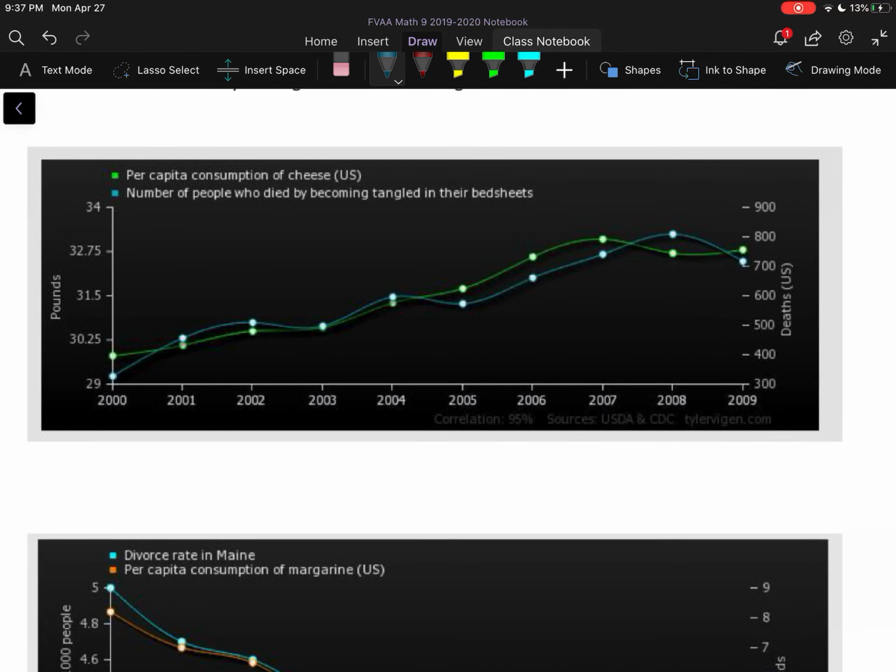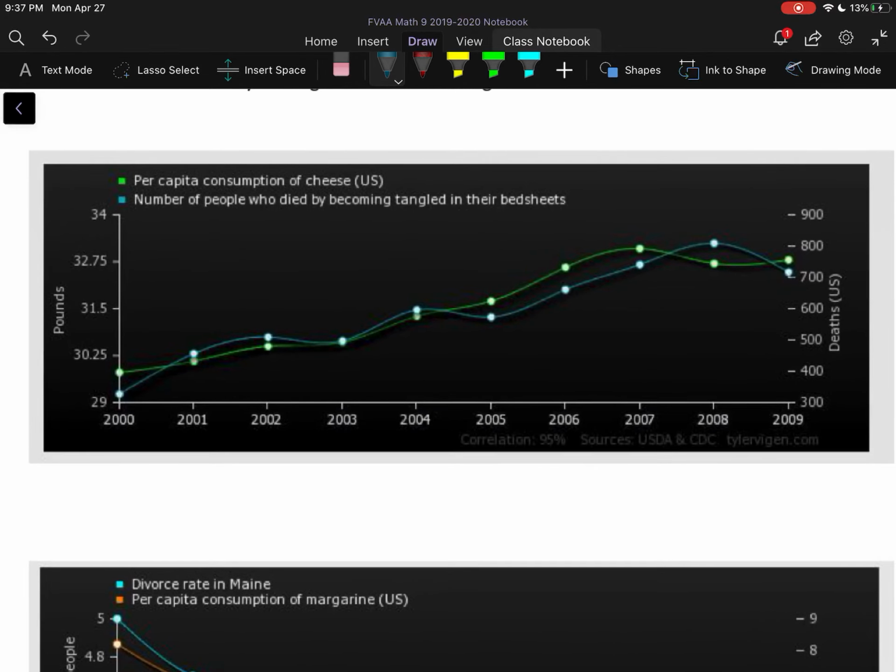Okay, so let's take a look at some of these graph lines and how they go together. On this graph here, we see the per capita consumption of cheese in the U.S. and the number of people who died by becoming tangled in their bed sheets.